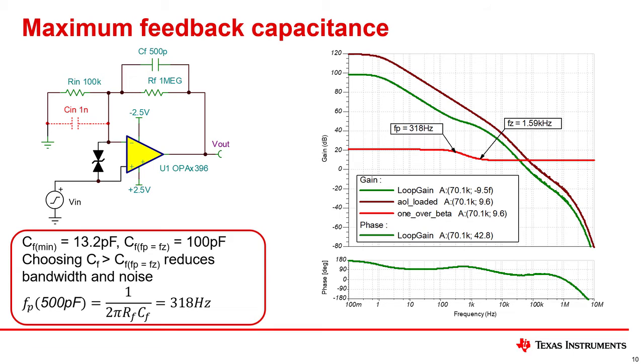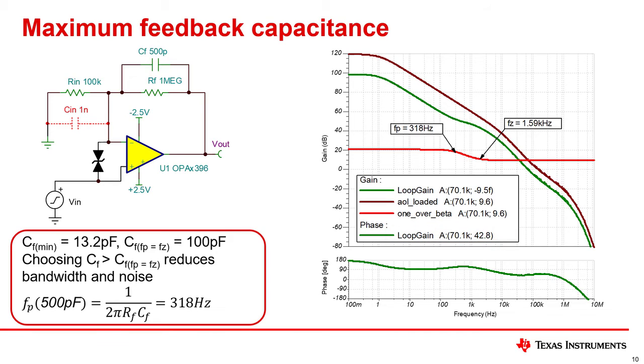Doing this will cause the amplifier bandwidth to roll off after the pole until the zero cancels it. Overall, the phase margin of this circuit is 42.8 degrees. This isn't a terrible phase margin, but it is not as good as previous circuits. Ideally, we target a phase margin of 45 degrees or better for stability, and this circuit doesn't meet that criteria.